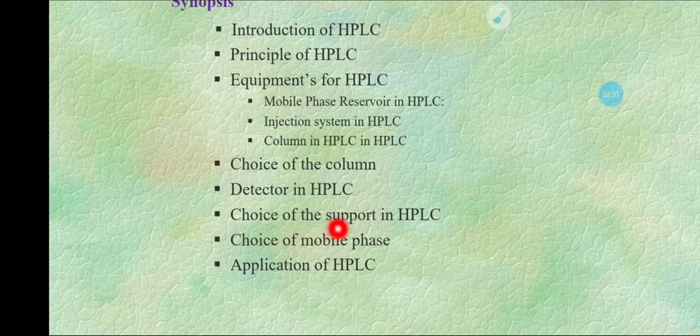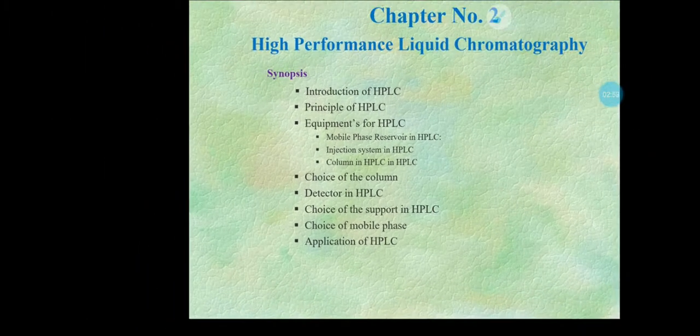Then choice of the supporting material, these materials are used to develop the columns. Then choice of mobile phase, this also depends on the nature of analyte. We can choose the specific mobile phase, and last is the application of this technique.